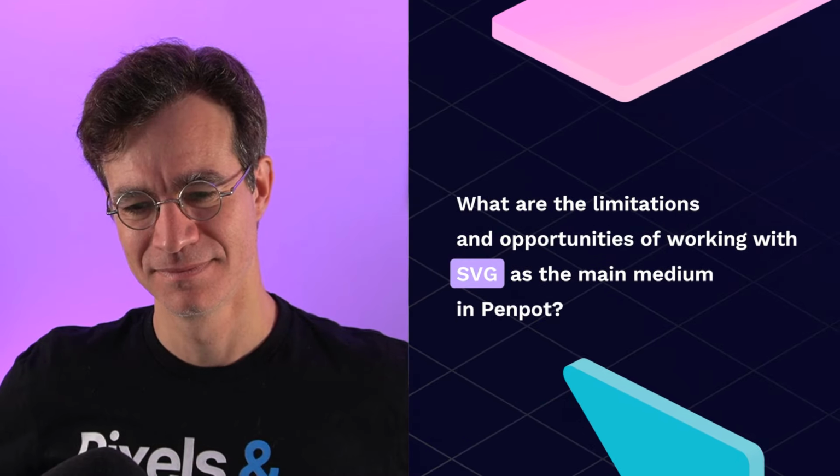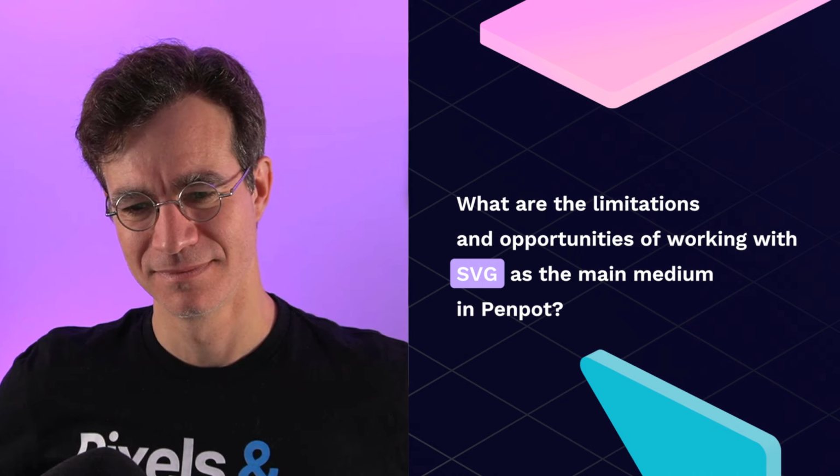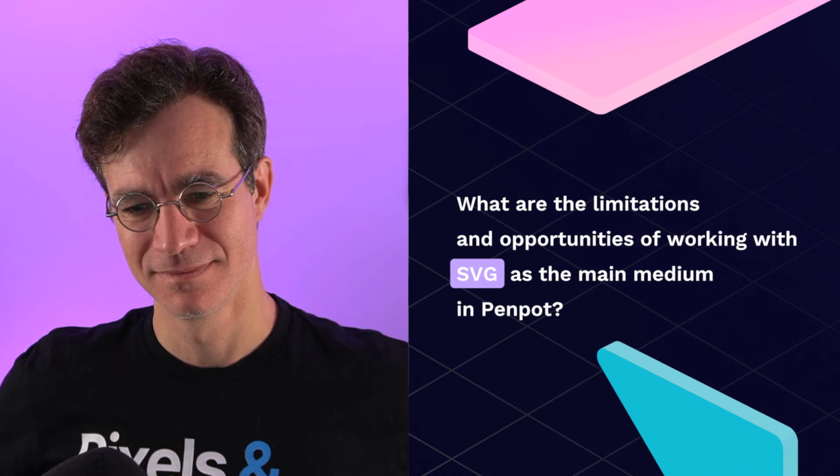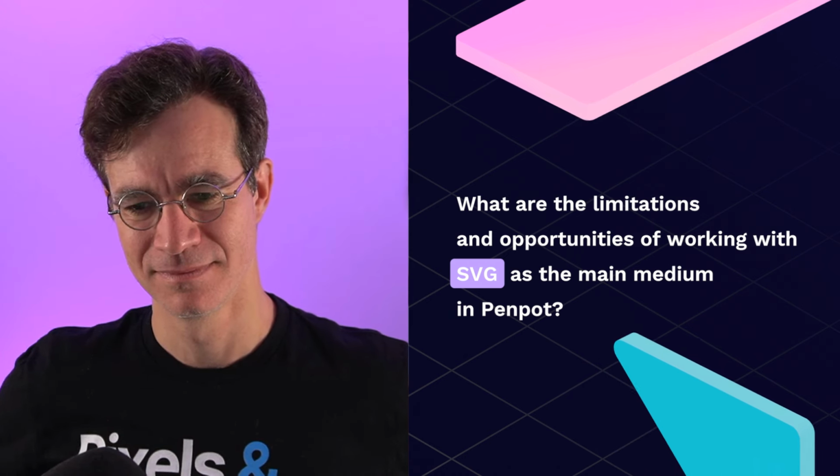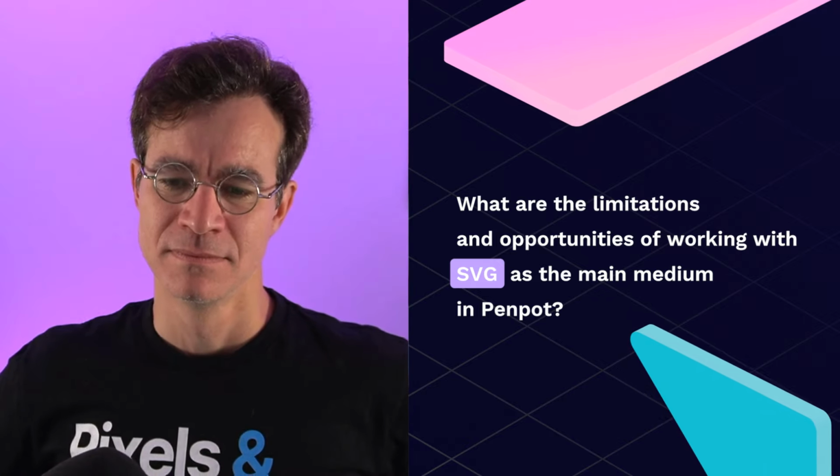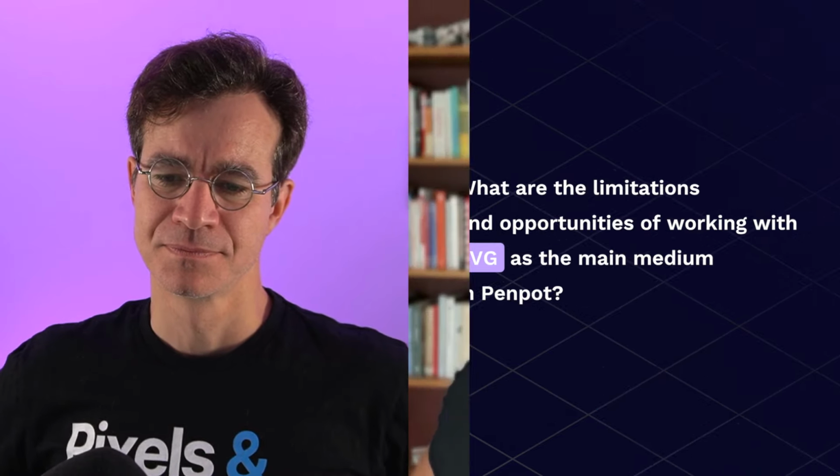Will it be just divs all the way down? I was like, oh, SVG, interesting choice. So can you say a couple of words about the history behind it, and maybe what limitations and opportunities come from working with SVG as the main medium within the tool?